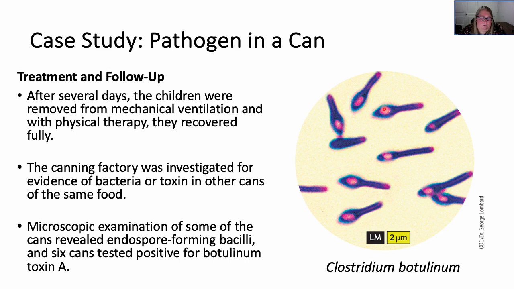Now, one of the things Clostridium botulinum can do is it can form an endospore. If you remember back to John Tyndall's experiment with the S-curve flask, one of the problems he was seeing when he was trying to disprove spontaneous generation was that he was getting growth in his meat broth despite sterilizing it with heat. And we now know that he had a bacterium that would make endospores.